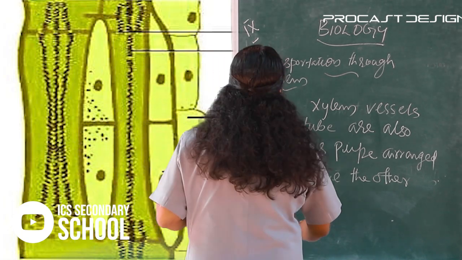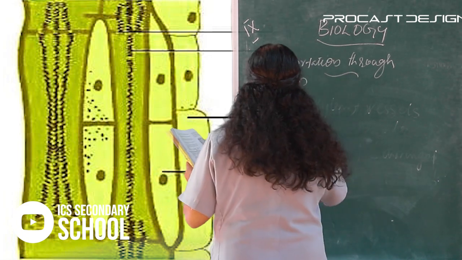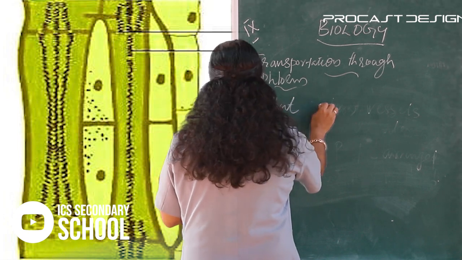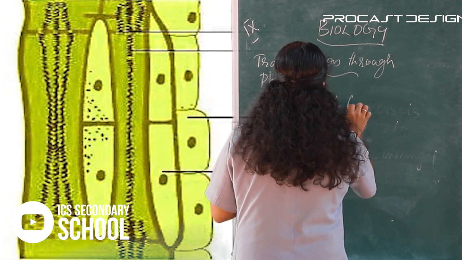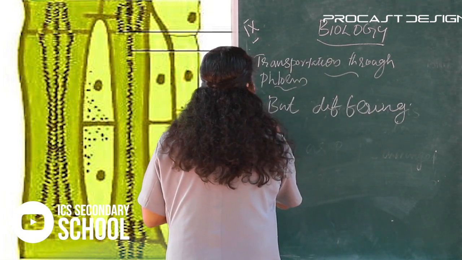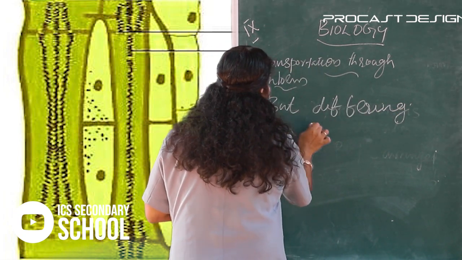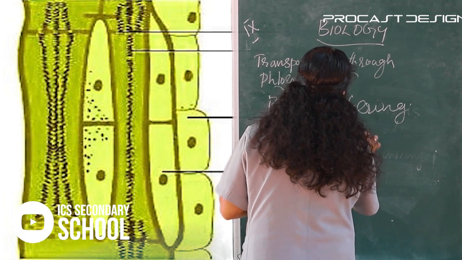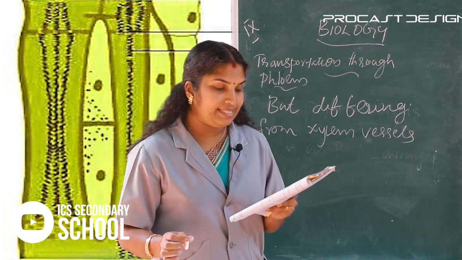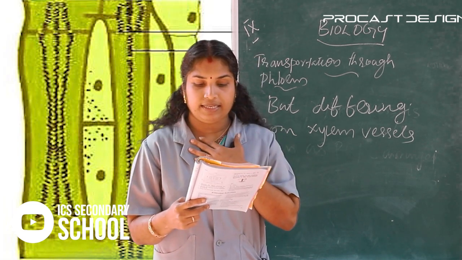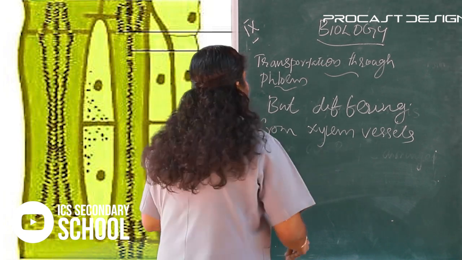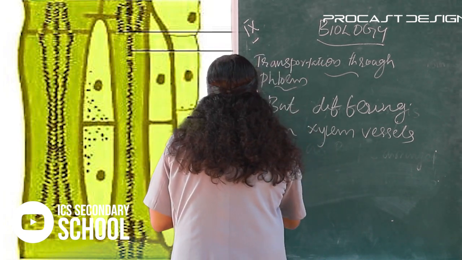Okay, next, third point: but differing from the xylem vessels, pores are seen in their cross walls.